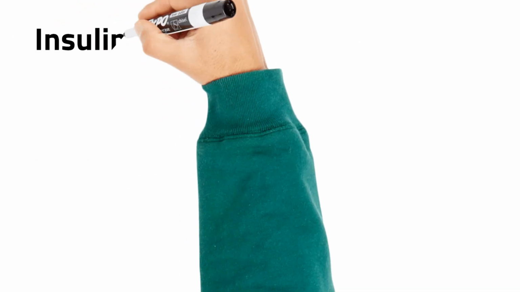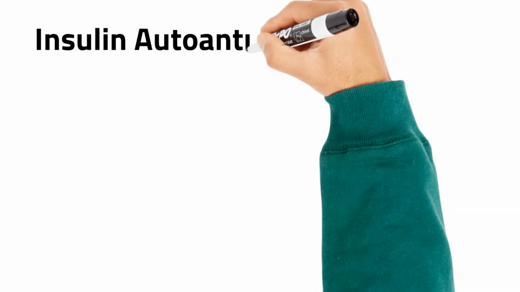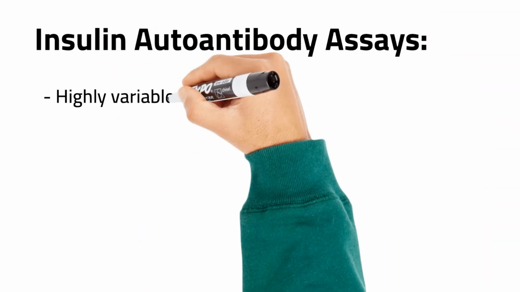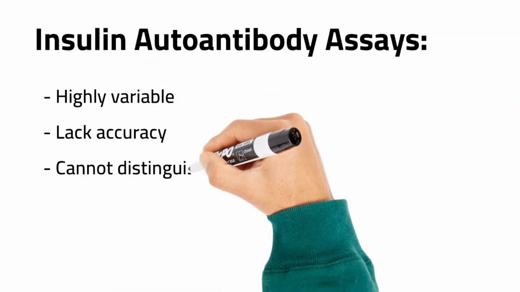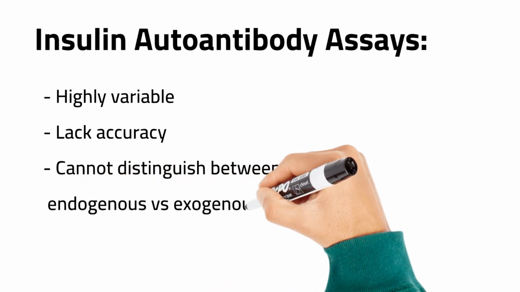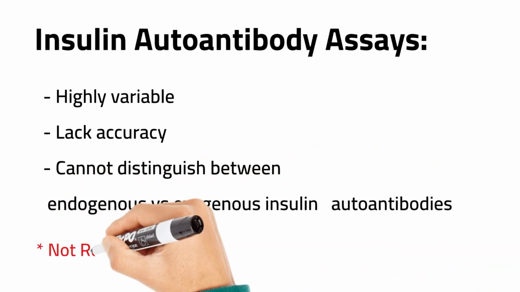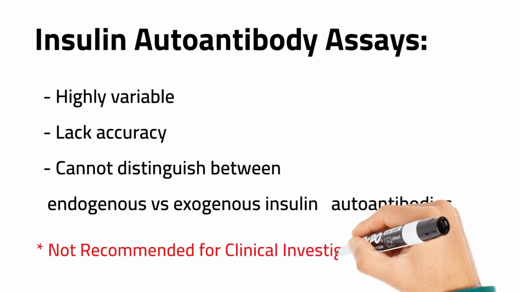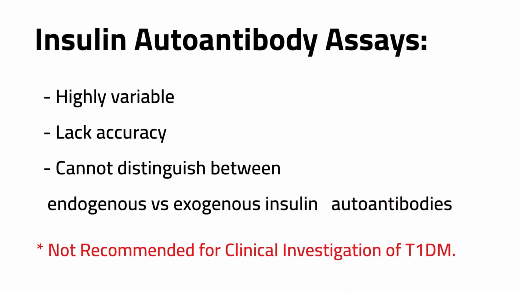For instance, the insulin autoantibody assays are highly variable and cannot distinguish whether the antibodies are produced in response to endogenous or exogenous insulin. Furthermore, the commercial assays for insulin autoantibodies are not considered accurate enough and therefore not recommended in the clinical investigation of autoimmune diabetes.